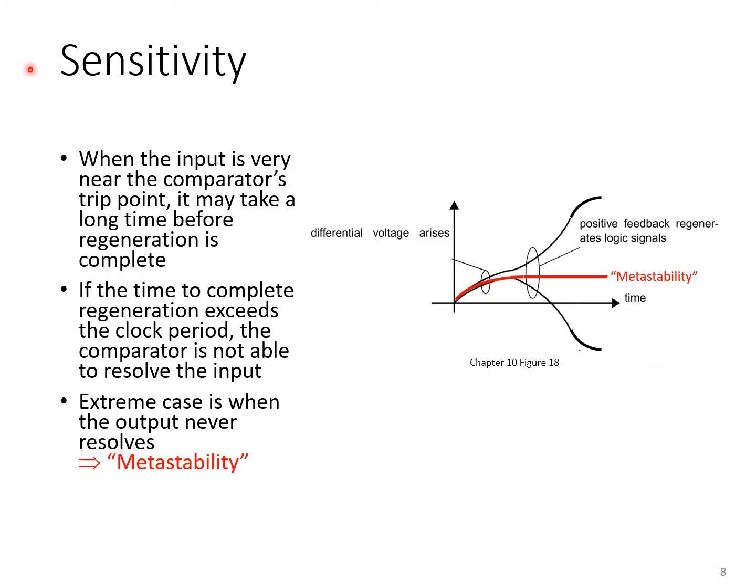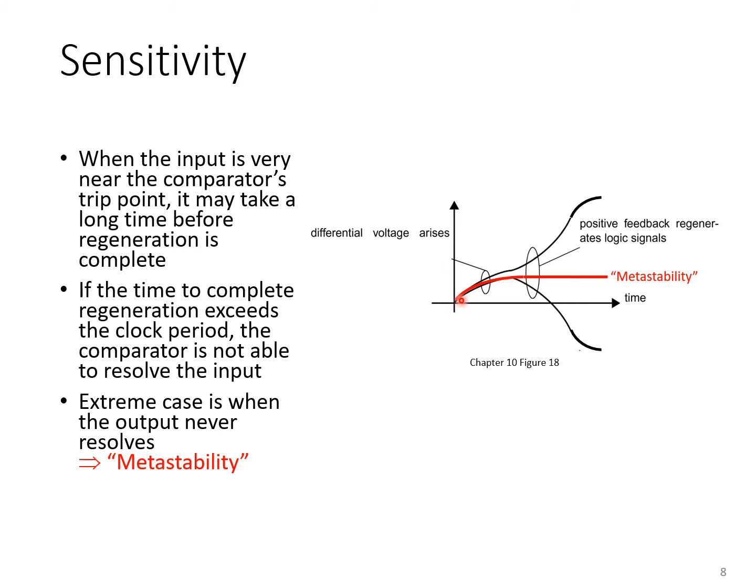Next, let's talk about the sensitivity of a latch. Now, if you do some of the slow input ramp tests that we described for comparators so far, you may find that when the input is around this magic voltage where it's right around the trip point of the comparator, it may take a very, very long time for regeneration to occur.